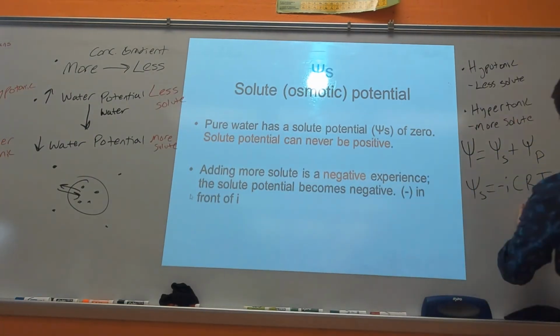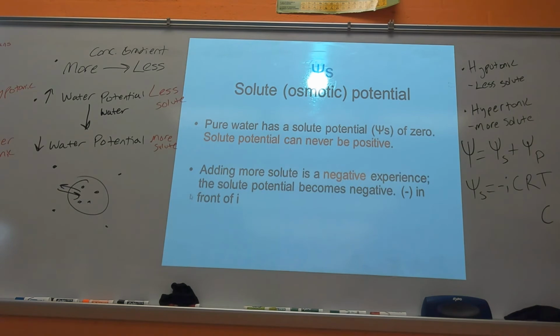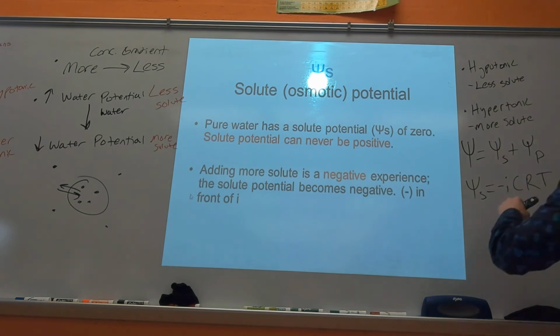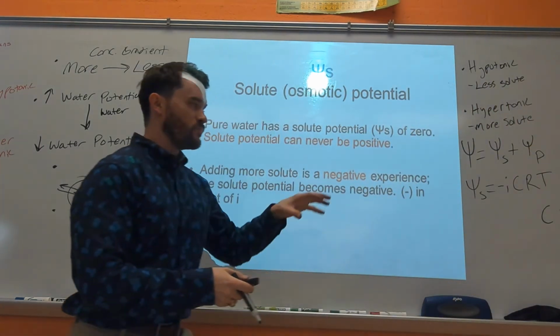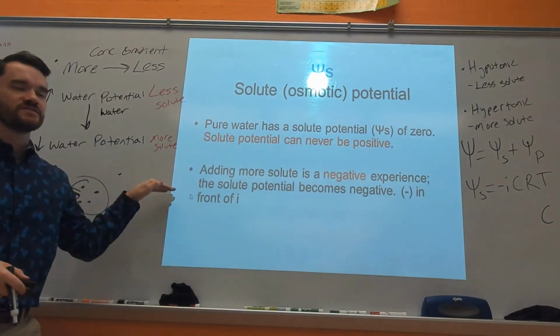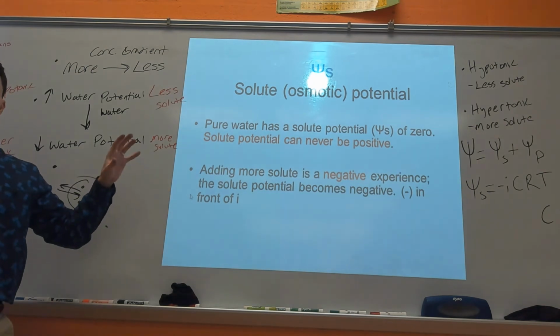If I start making my C higher, I start increasing the concentration of my solute, there's a negative here, that makes this negative number even more negative. You increase your concentration, you get a higher negative number, so more solute gives you a more negative osmotic or solute potential.